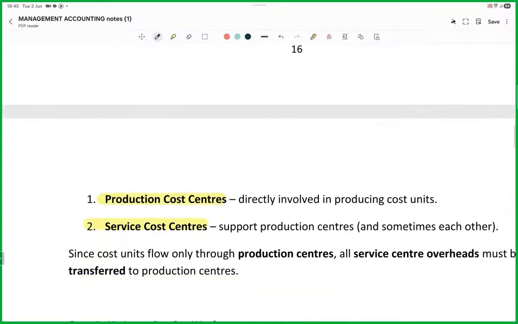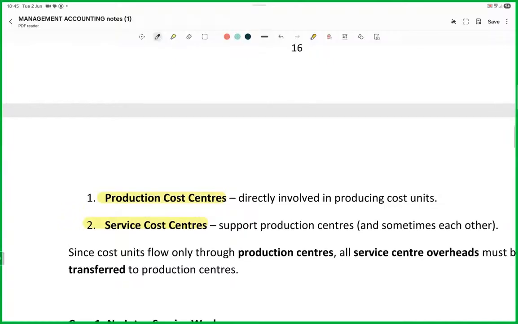So two types of departments, cost centers. We have production departments, which are directly involved in producing units. And then we have service cost centers, which support production centers, and sometimes each other. So we have producing departments and serving departments.